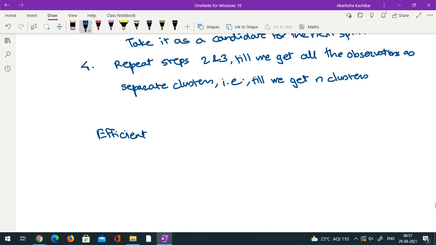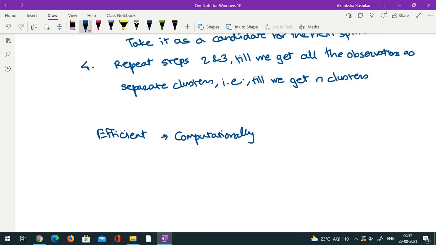Whereas here, if we are using say 2 means, then at every step you have to compute only an n cross 2 distance matrix. Okay, as a result, computationally, the divisive algorithm is much more efficient than the agglomerative algorithm. Okay, both are hierarchical.